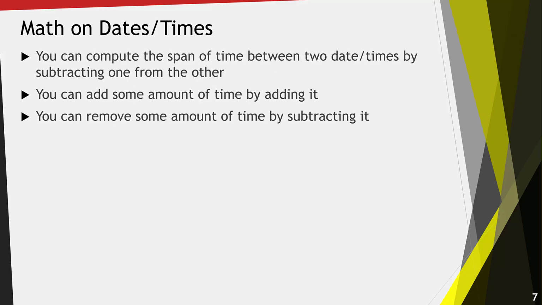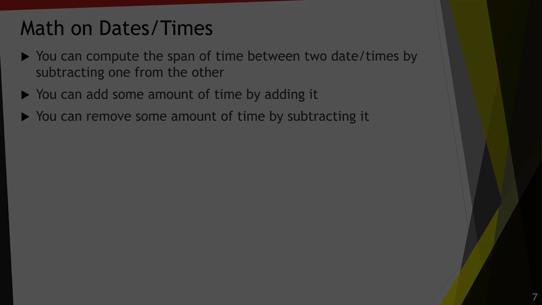Hopefully it's intuitive that you can compute the span of time between two date or time values by subtracting one from the other. Likewise, if you want to add some amount of time to a date or time value, you can use the plus operator. Finally, you can remove amounts of time from a date or time value by using the minus operator.